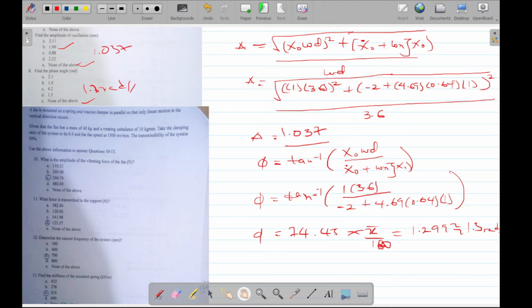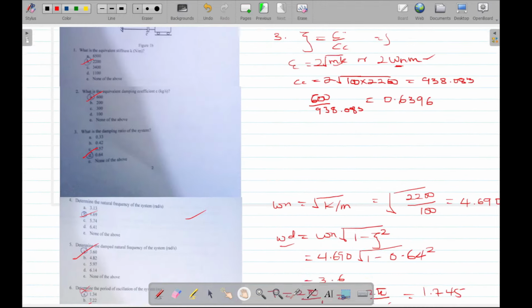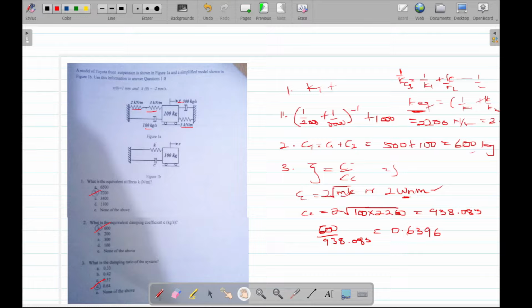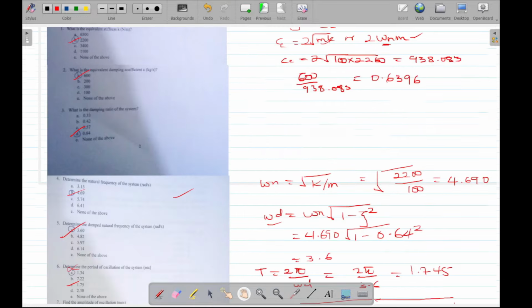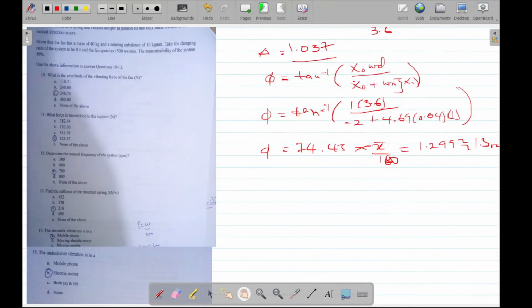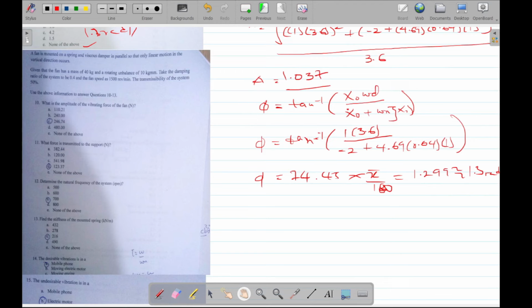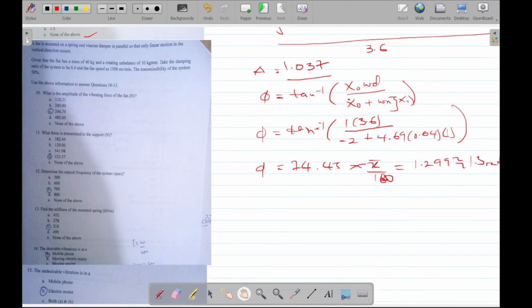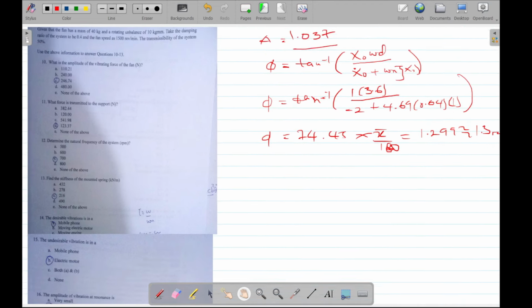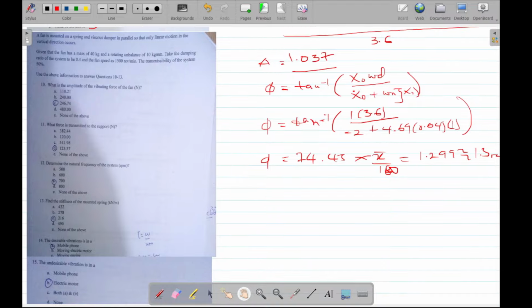Now the first problem we're supposed to do up to question 8 from the preamble, question 1 to 8. Now the next we have a fan mounted on a spring and a viscous damper so that linear motion in the vertical direction occurs.